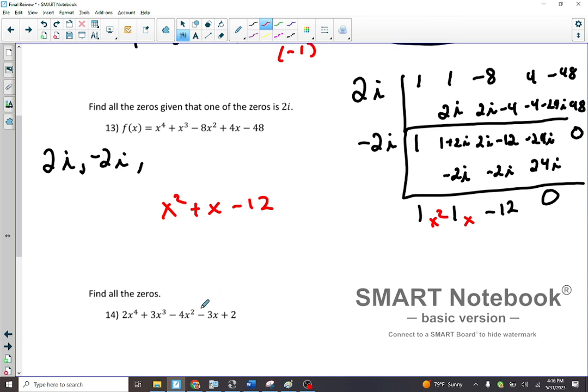Since it's 2i and negative 2i, you just flipped it and said 2i and negative 2i are both zeros. But I need all the zeros, so I needed to get to this part, which is important, because then I can factor this as x plus 4 and x minus 3. Let's say equals 0. Split and solve. So negative 4 is one of my answers, and positive 3 is the answer. So negative 4 and positive 3 is my answer.